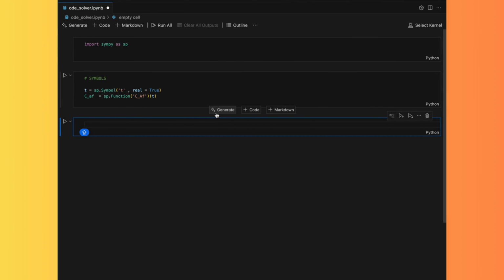Let's continue with our constants. Actually, they're our symbols, not constants, but I'm labeling them as constants.